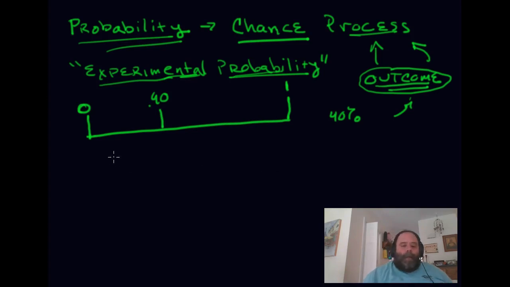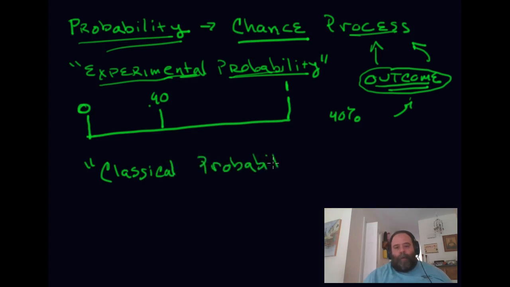Now, there is another idea here which is called classical probability. It's not exactly the definition. This is the classical or theoretical model.